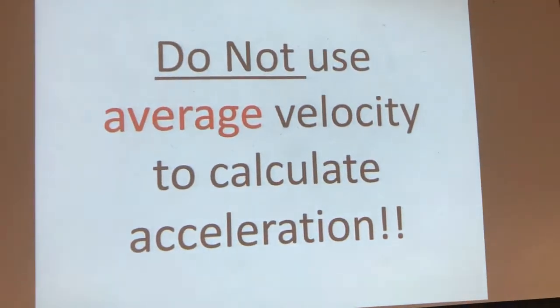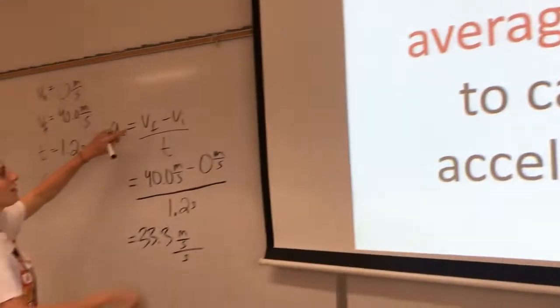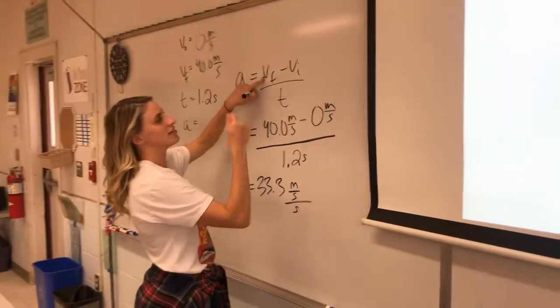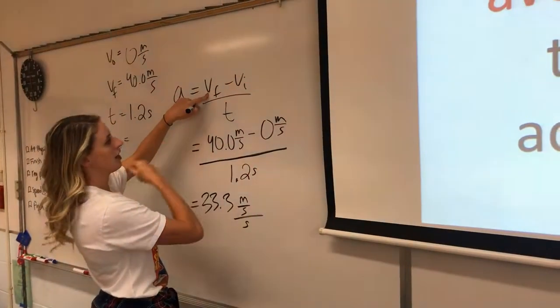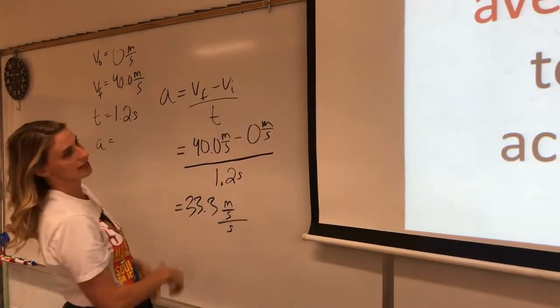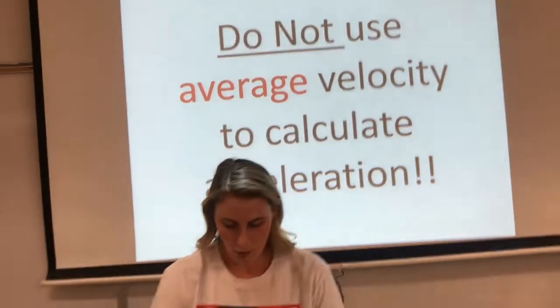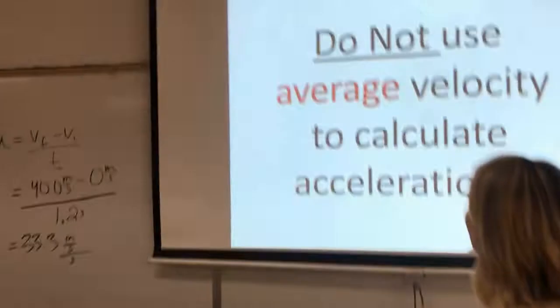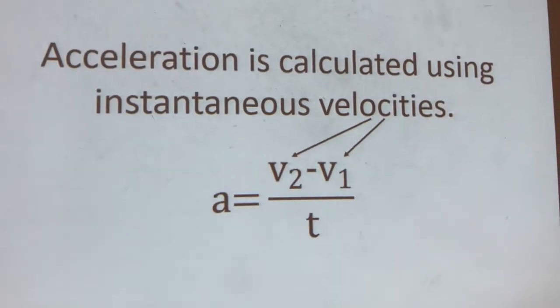However, do not use average velocity to calculate acceleration, you guys. These are the velocities at that very instant, at 0 seconds, at the very beginning, and at the very end after 1.2 seconds. Do not give me an average velocity. Don't give me distance over time. We don't want to use that. Acceleration is calculated using instantaneous velocities.